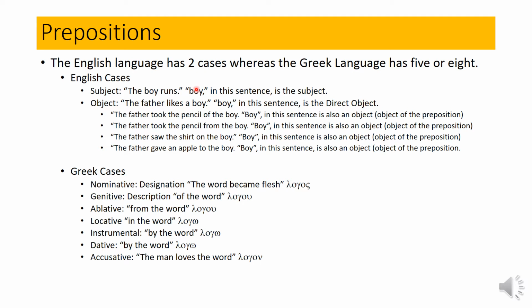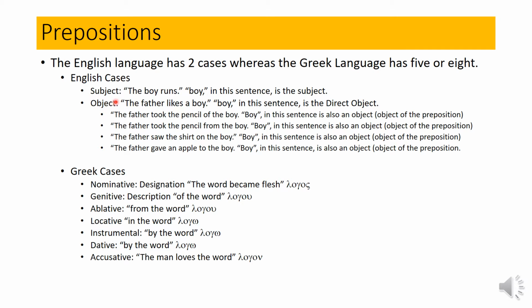So boy being used in the sentence the boy runs is the subject case. And boy in the sentence the father likes a boy, boy is a direct object or an object. So that's a subject case and an object case.